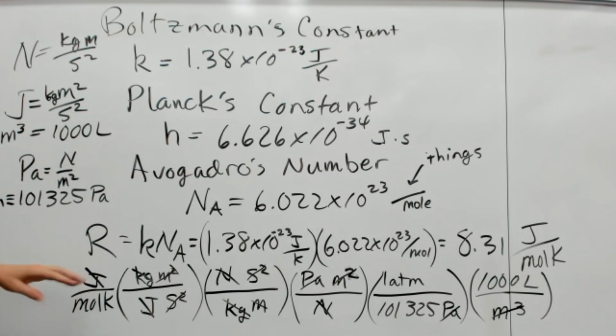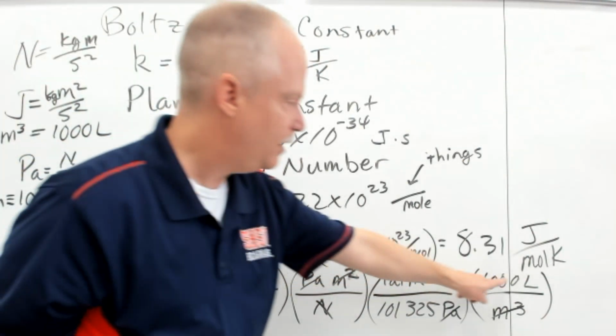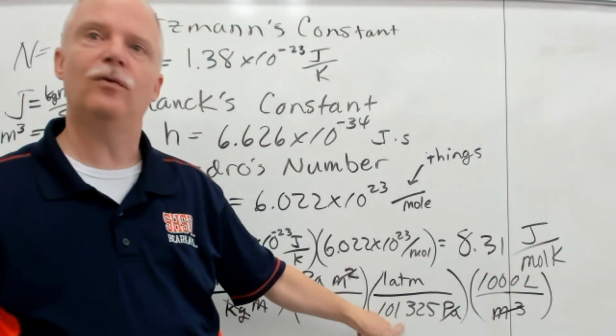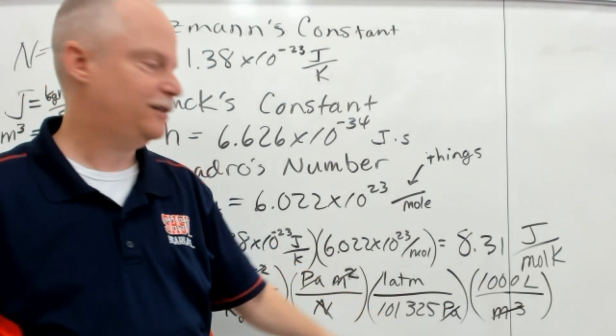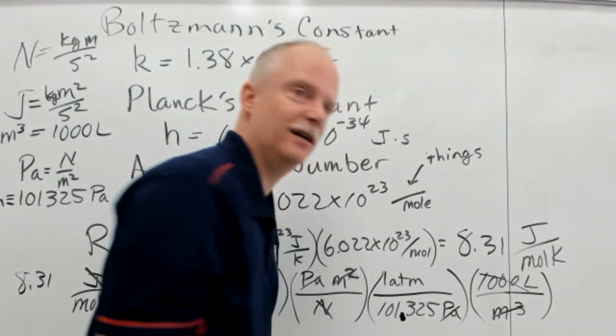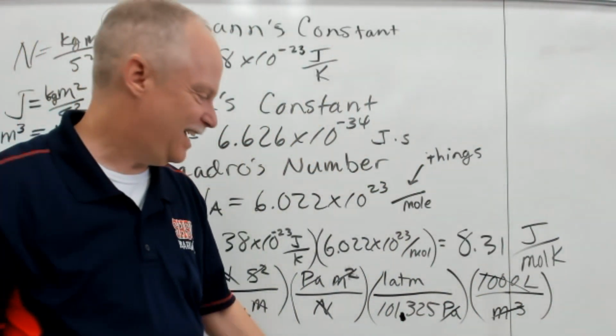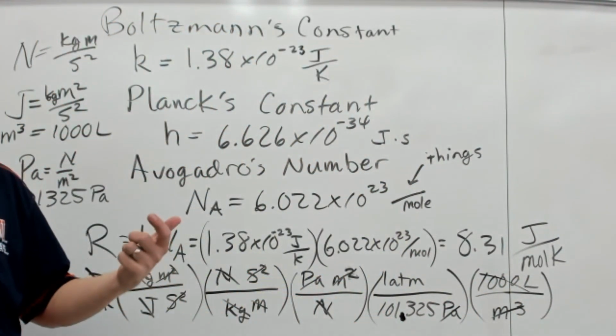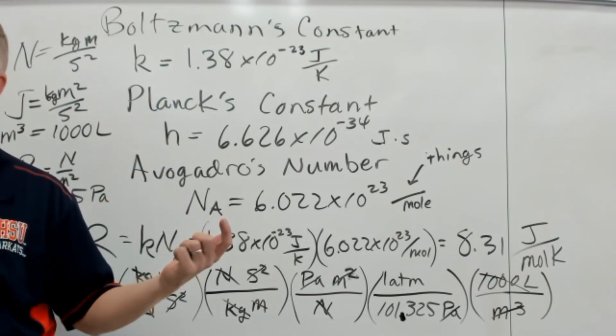And so this essentially is, again, 8.31 joules per mole Kelvin times 1,000 divided by 101,000, okay? You could really just put a decimal place there and get rid of that number. And so it's divided by 101.325 is the net result.